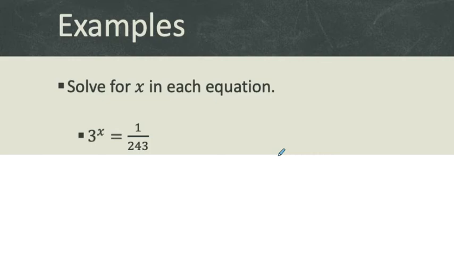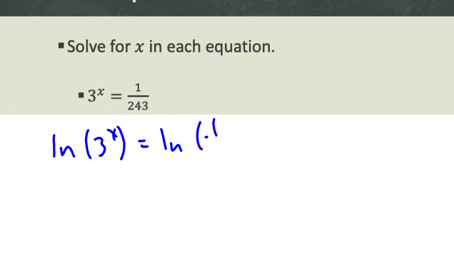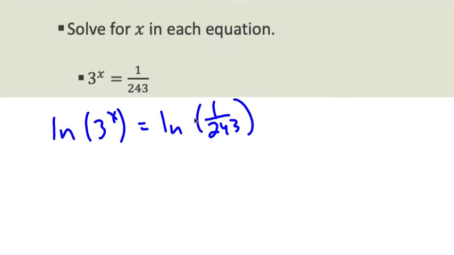I'll start this two different ways. The way that we did it the other day was, if we want to bring the exponent out, we have to take a log of both sides. So we could do ln of 3 to the x equals ln of 1 over 243. Okay, so that allows us to bring that exponent out front.